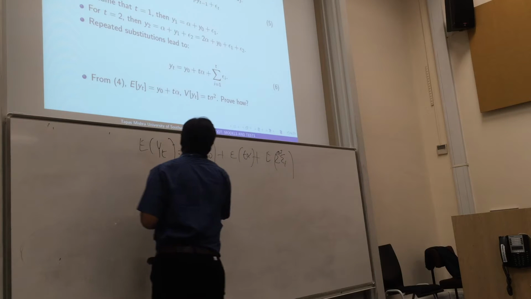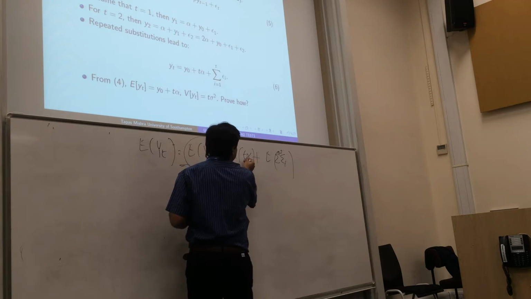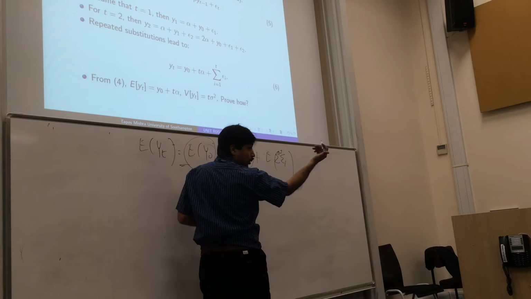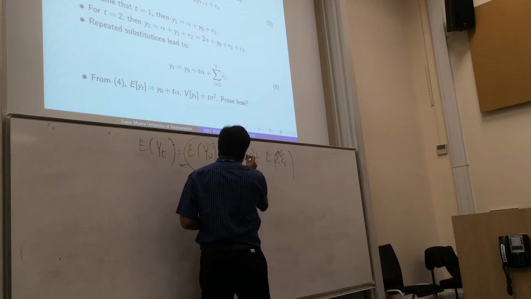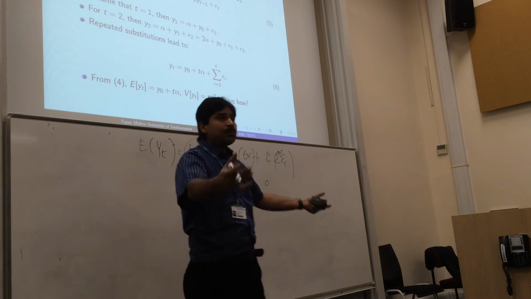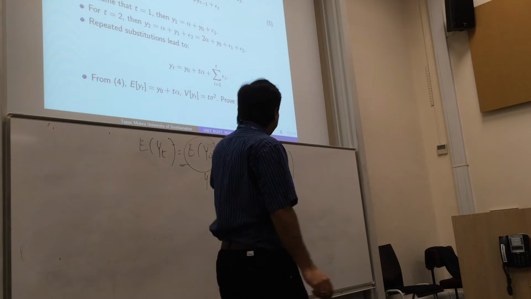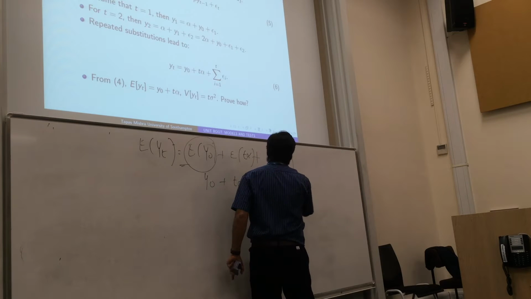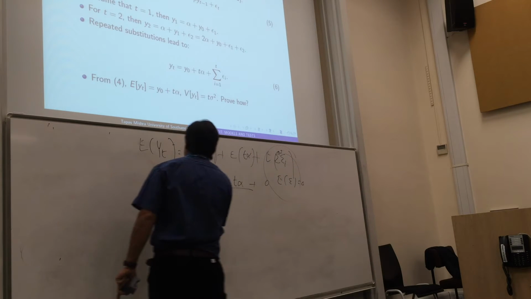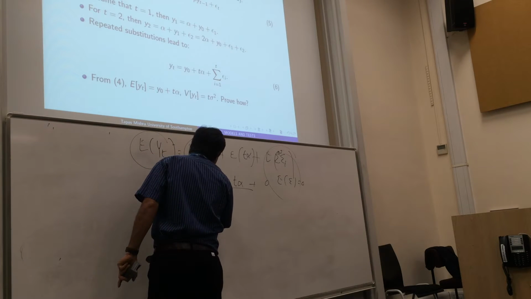Okay, so we know expectation of a constant is the constant. y0, t is a time, a number, alpha is an intercept number. So this is a constant, t alpha, and this part is 0. Once again, by the assumption of classical linear regression, expectation of the error term equal to 0. So this part is 0. So the mean of the process is now y0 plus t alpha.